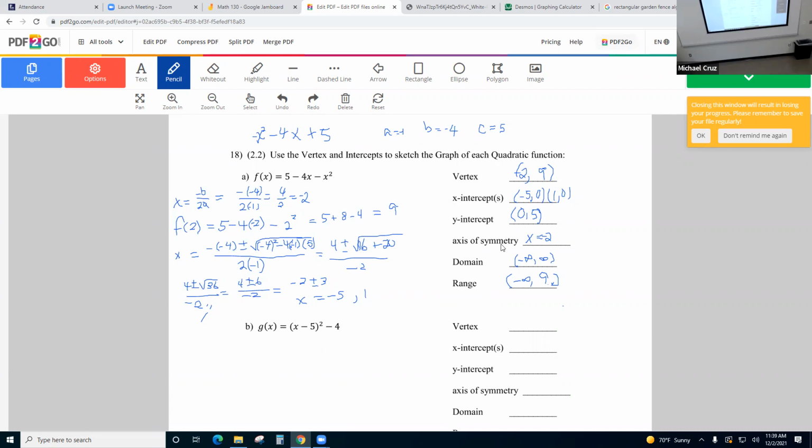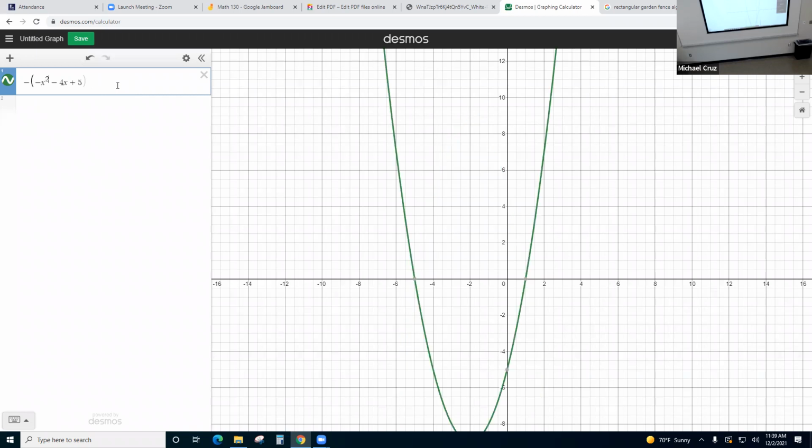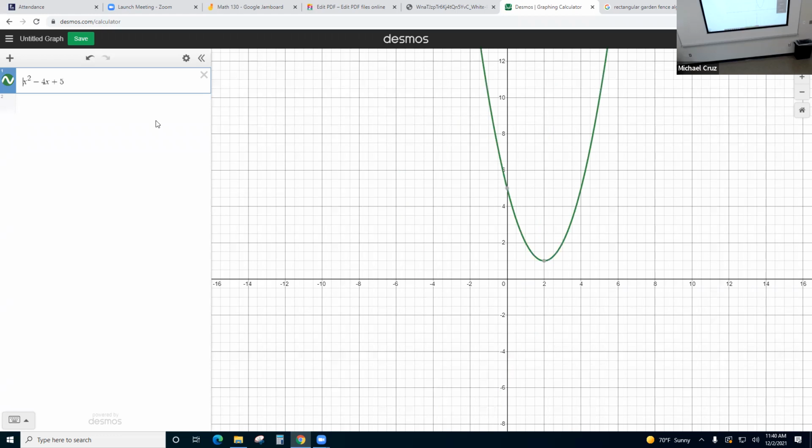You know, if we had one, just to kind of show you, I'll put another negative sign in front of this, just to flip it. See, then, if it were a positive one, in other words, it's x squared plus 4x minus 5. See, it ends up being the same one.